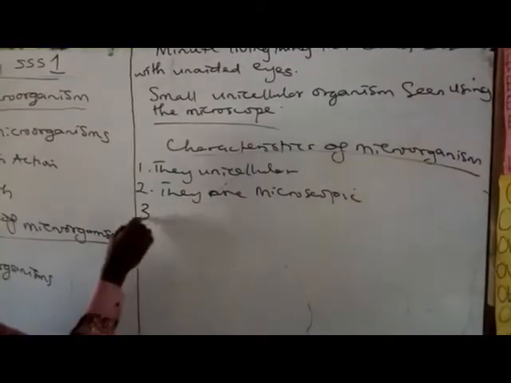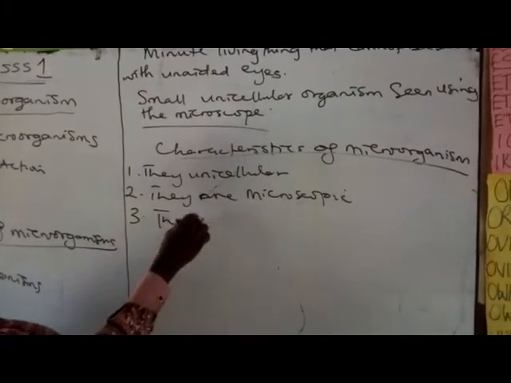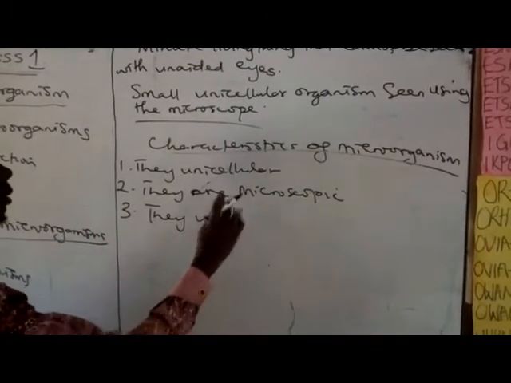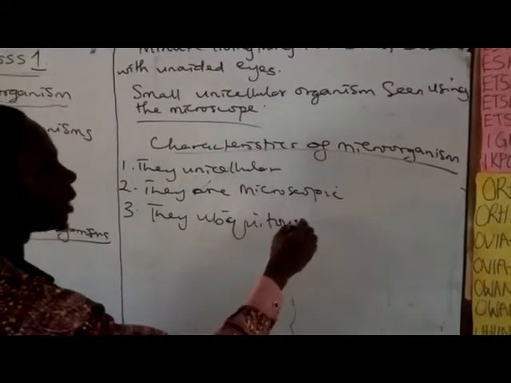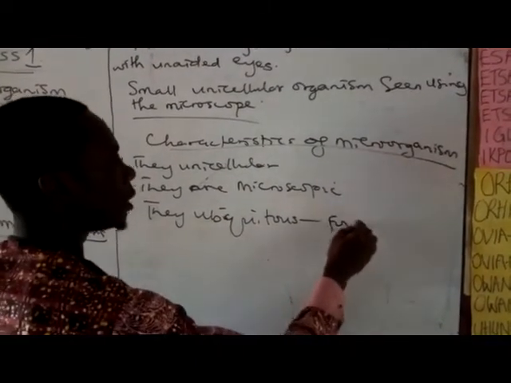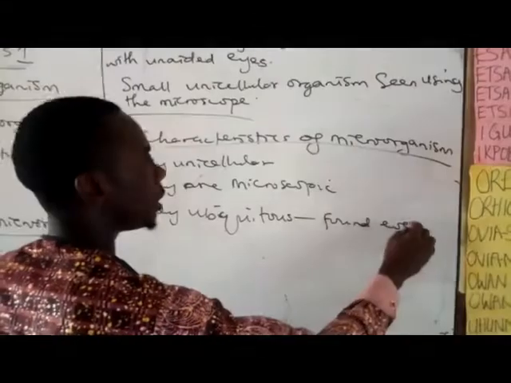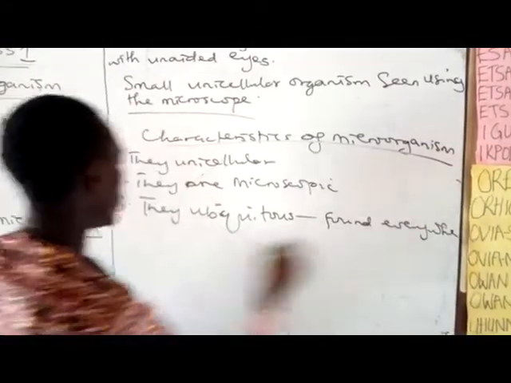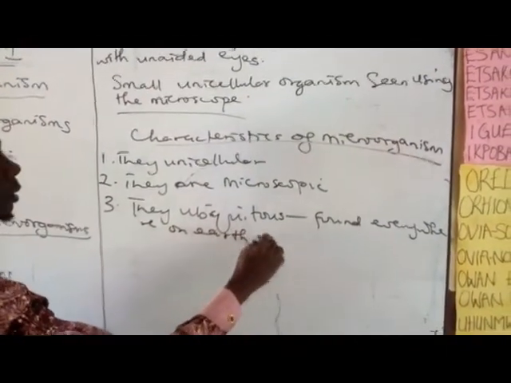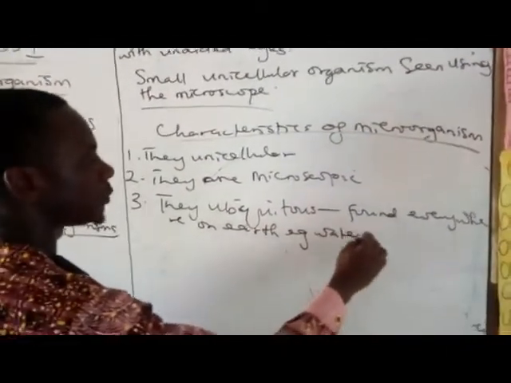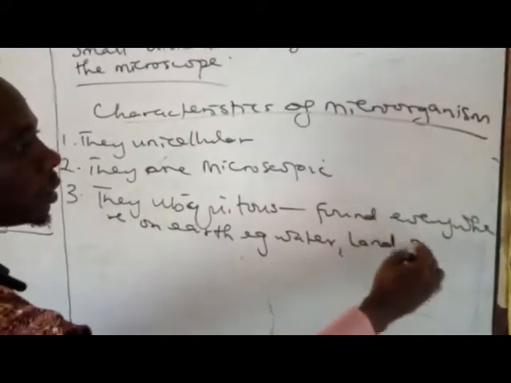You will also know that they are ubiquitous. What we mean by being ubiquitous is that they are found everywhere on Earth, in water, land, air.